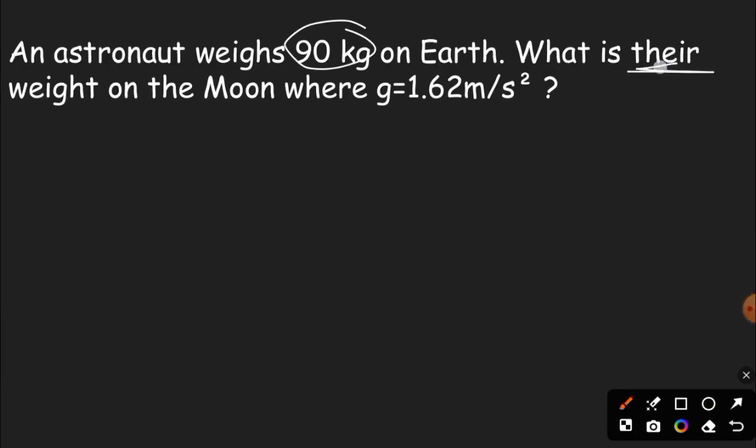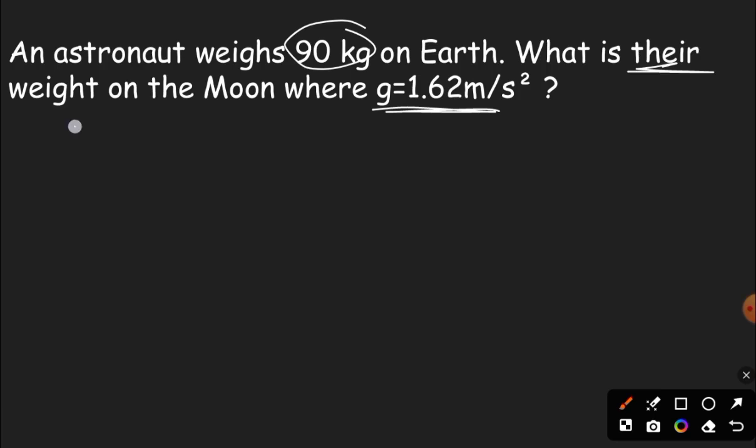What is his weight on the moon, where acceleration due to gravity is 1.62 meters per second squared? On Earth, it's 9.8 meters per second squared, or you mostly see 10. But on the moon, it's 1.62 meters per second squared, which is 0.17 times gravity on Earth.